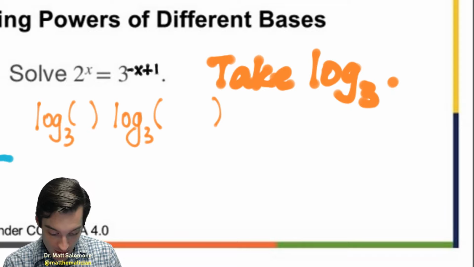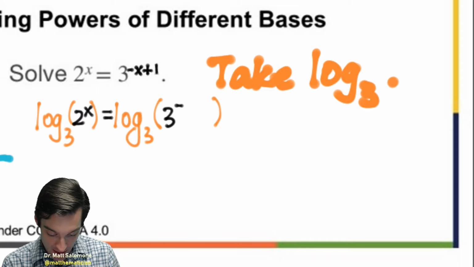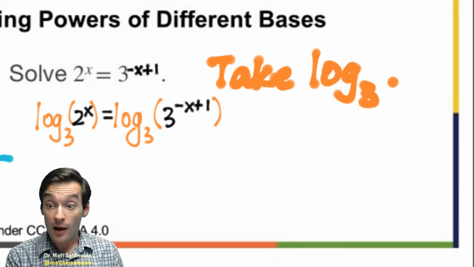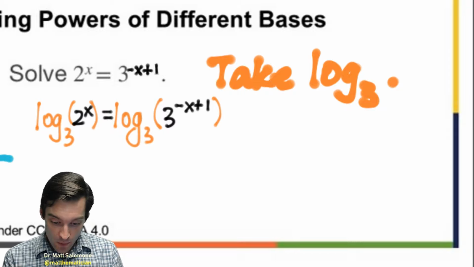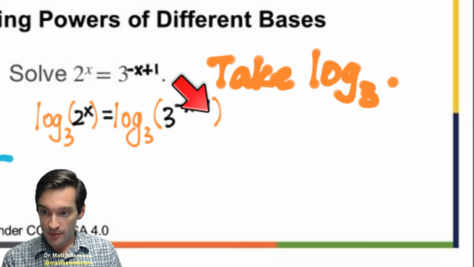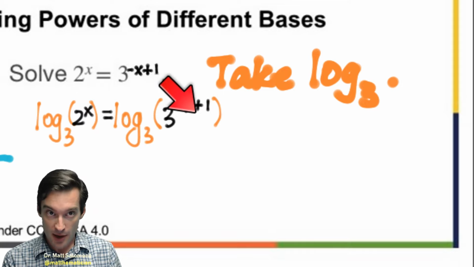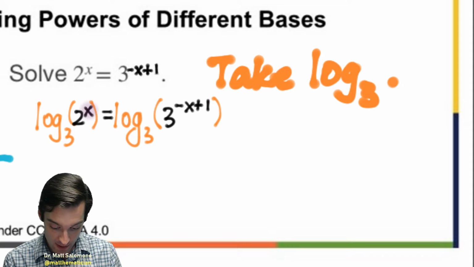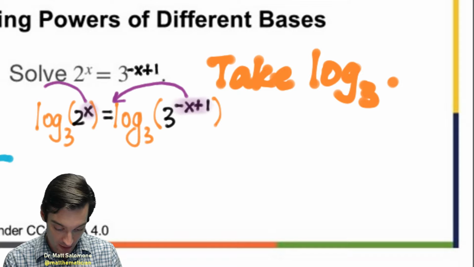So I take the base 3 log of both sides. I get 2 to the x on the inside of this. I get 3 to the minus x plus 1 over here. Right. But what can I do now with this equation? Well, we have the power to product property of logarithms that tells me when I have a power inside of my log, I can trade that out for a multiple on the outside of my log.